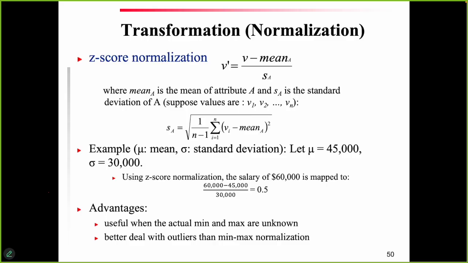Let's say most incomes are between 50K and 70K, and then you have $1 million as an income. In these cases, min-max normalization is not very reliable, because you are directly using that max and min in your formula to get the new value. But that maximum income is kind of an outlier.